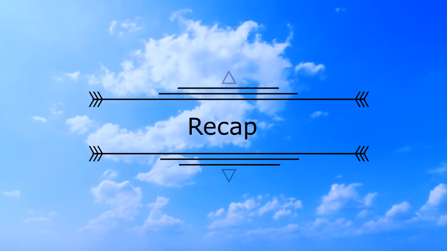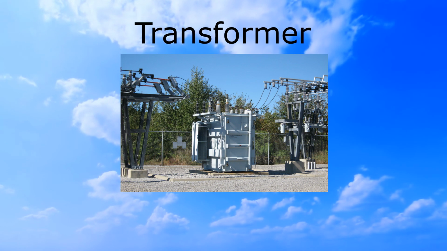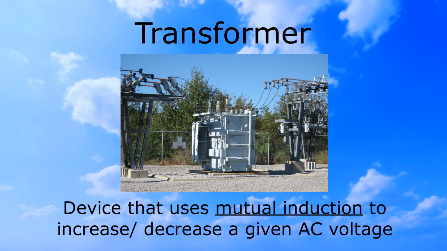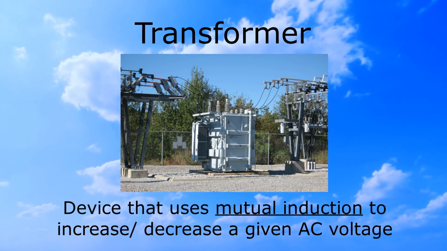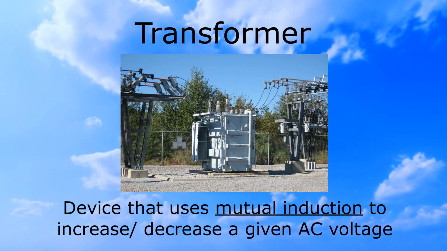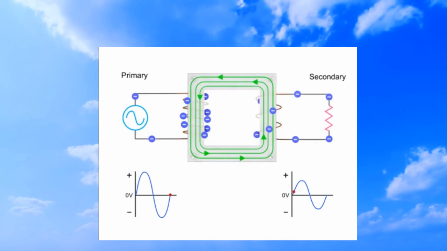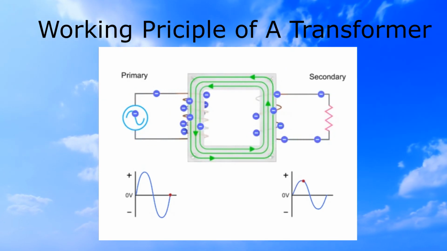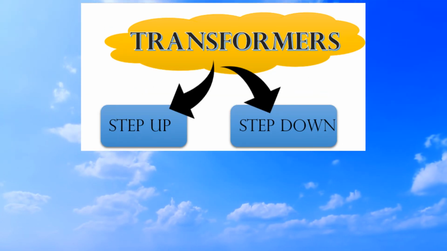We've come to the end of this video. Before we end, let's have a quick recap of what we've looked into. First, we saw what a transformer is. We learned that it is a device that uses mutual induction to change a given AC voltage into a larger or smaller AC voltage. We also looked at the setup of a transformer and its working principle. And then we looked at the types of transformers.